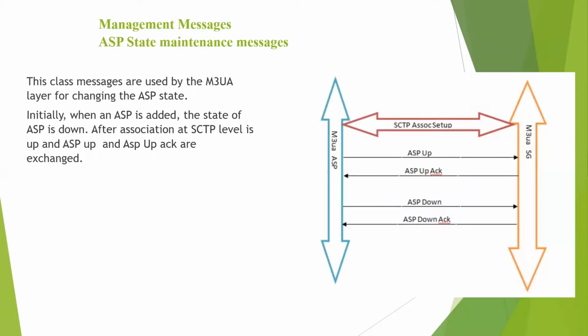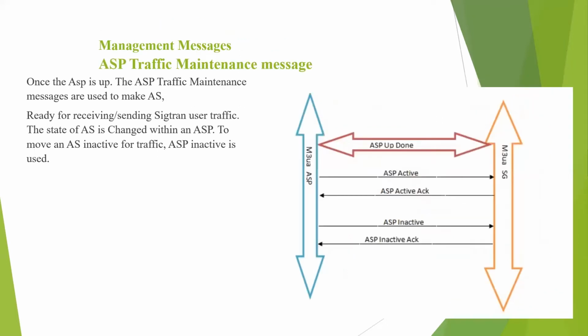For example, we can see how the state maintenance messages are exchanged to have an association setup, whereby we have two application server processes that want to transition from state. So we have an M3UA signaling gateway and an application server process exchanging messages to bring up a link. We can also see a traffic maintenance message, whether they want the link to be active or inactive.